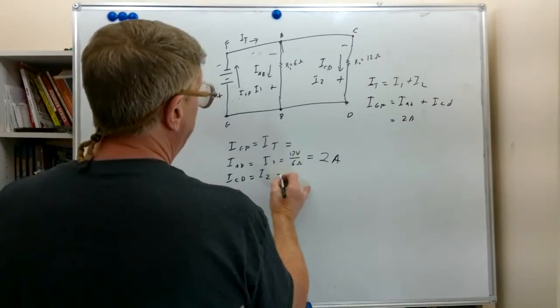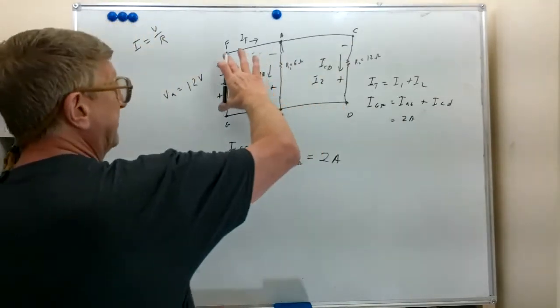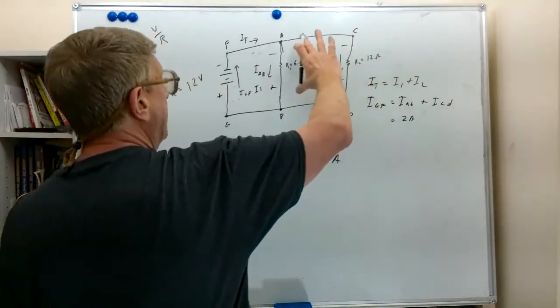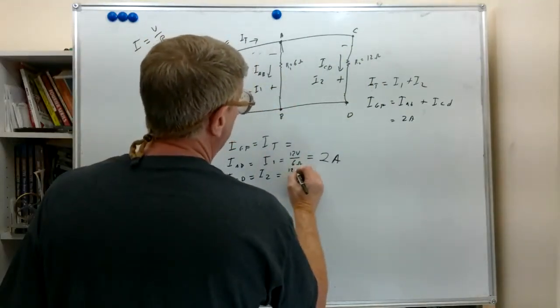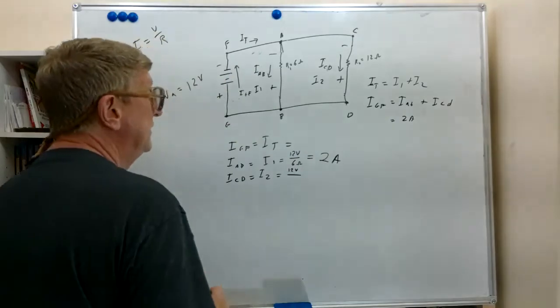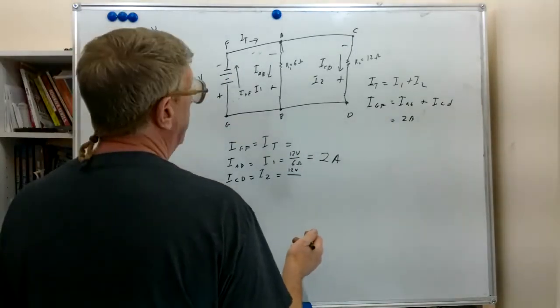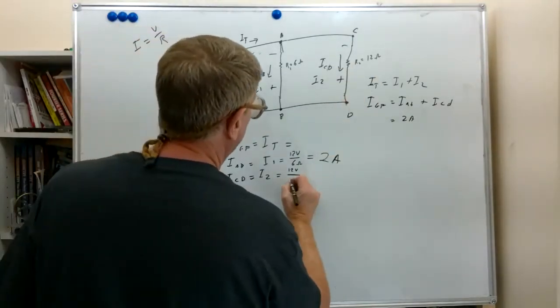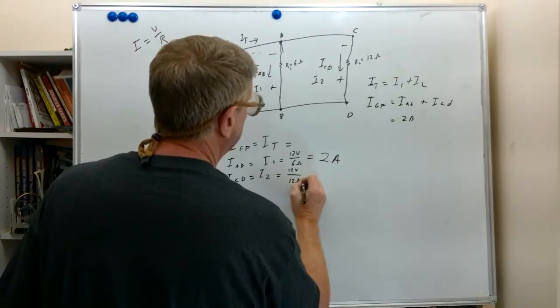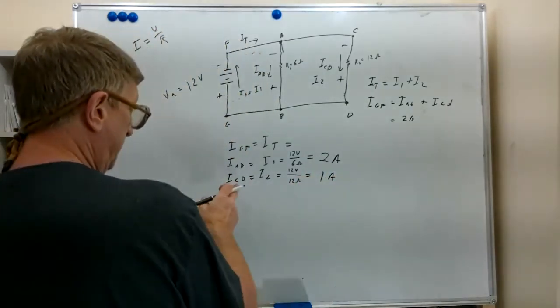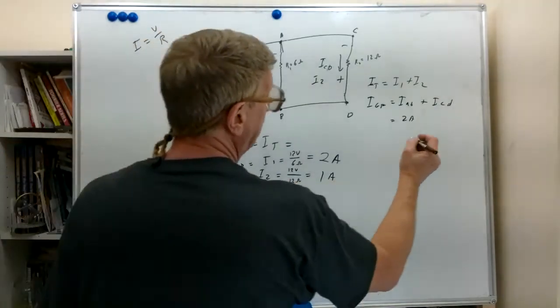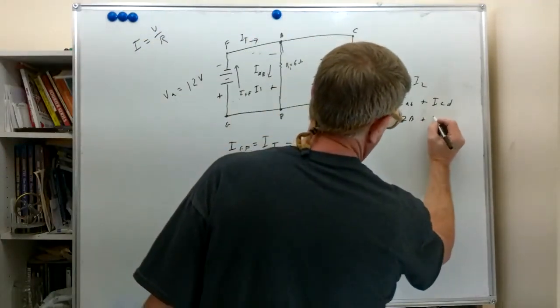We're going to use the same formula to calculate I2. Again, it's 12 volts because of the direct connection back to the battery. So the 12 volts is in the numerator of our fraction. And we're going to divide that by R2, which is 12 ohms. And this gives us 1 amp. So now IC to D we know is 1 amp, so let's replace that with 1 amp over here.